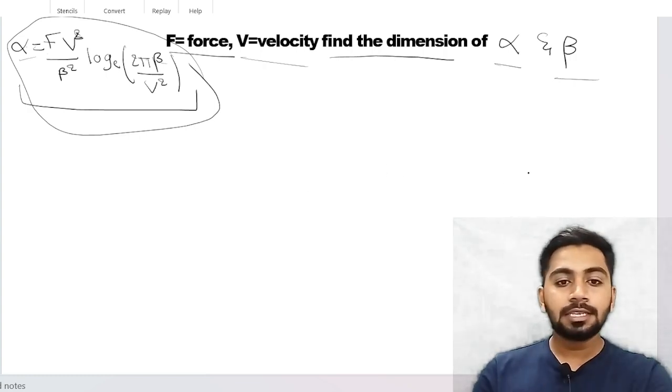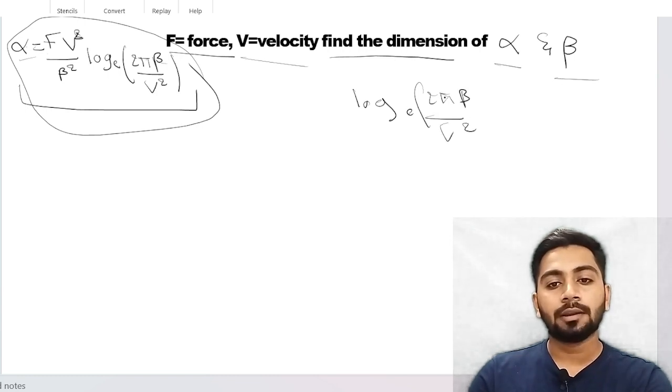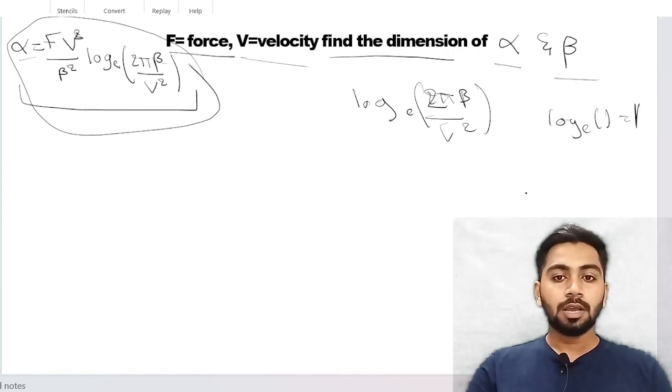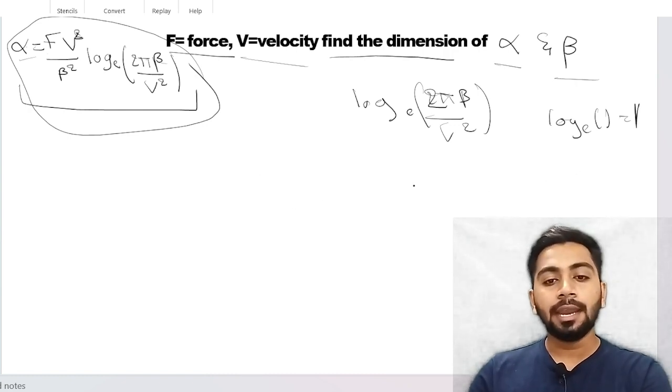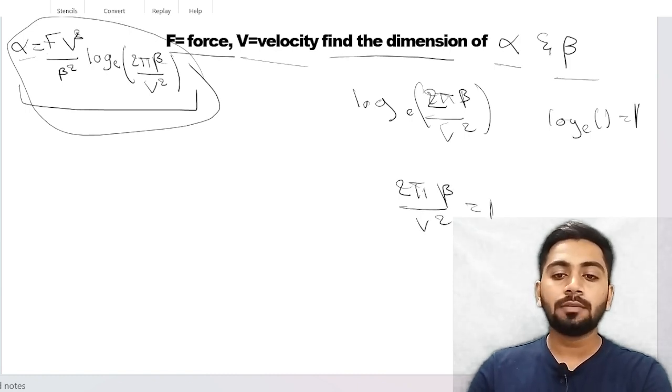See here, you have one small trick: anything inside the log bracket is equal to 1. Just now I said, anything in the log bracket is equal to 1. So you can write 2 pi beta divided by v square is equal to 1.